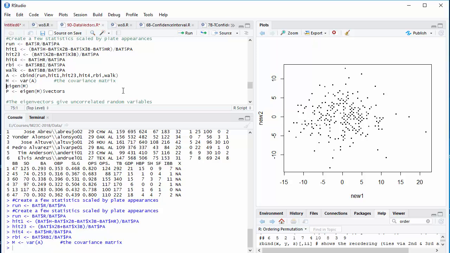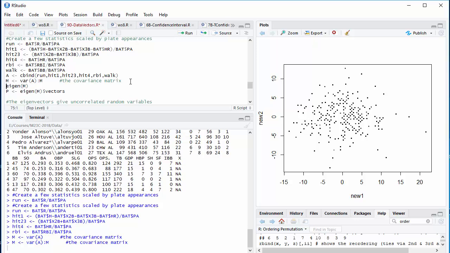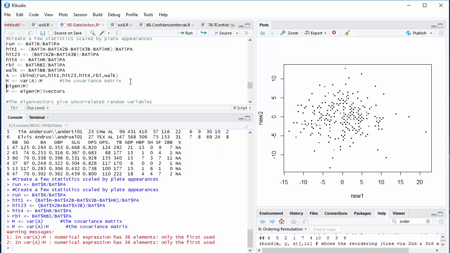So here is the covariance matrix. It's a 6 by 6 matrix, and I guess I really should show it to you. Whoops.